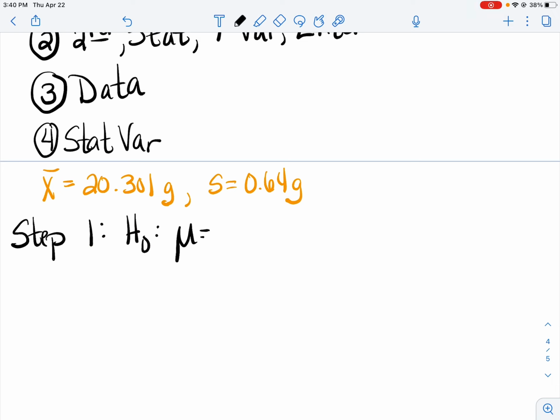So our null hypothesis here, mu should be 20.1 grams. The alternative hypothesis, we don't want too much, we don't want too little, so that's a not equal to.